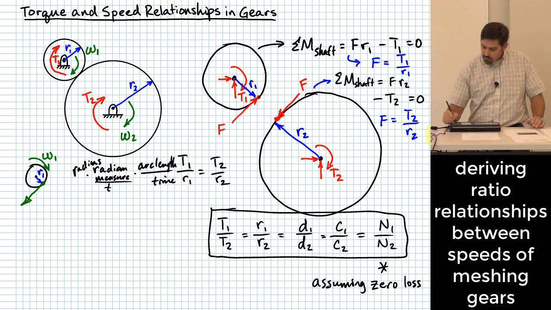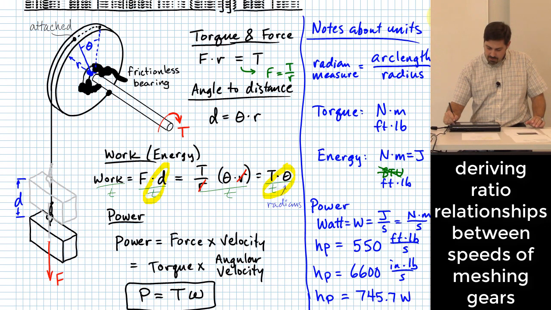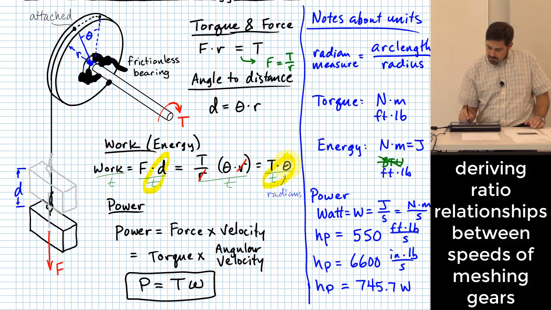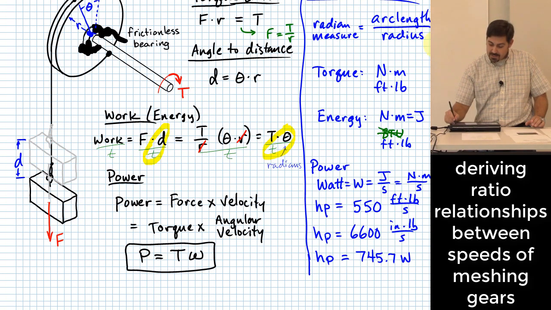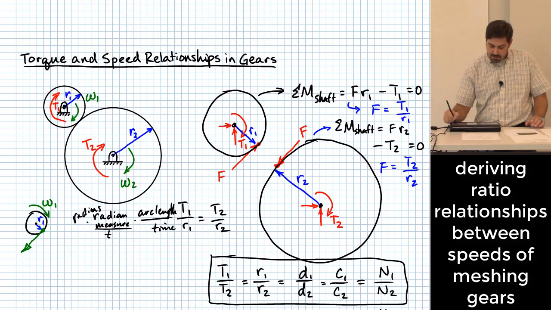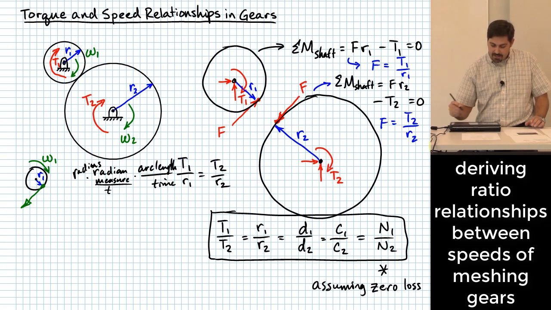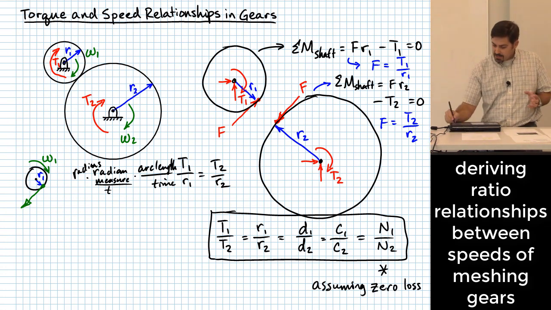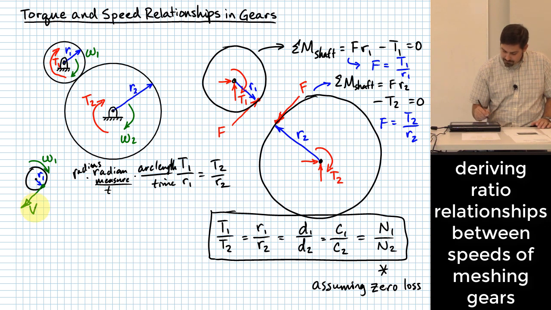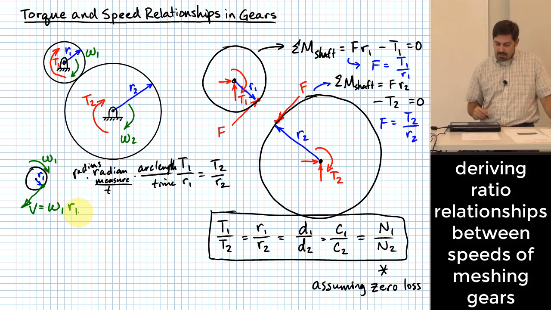We get right back to what we did up here a second ago, where we related our speed by having theta over t, and we had d over t here as well. It's basically the same type of thing, but it relies on that definition of radians. So this velocity right here is going to be equal to omega 1 r1, because it's the radian measure per time.